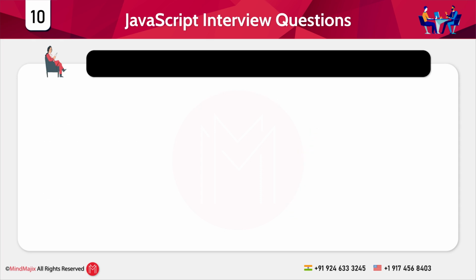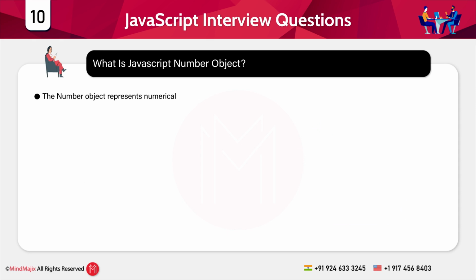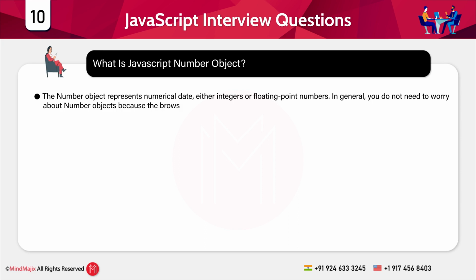Next question, what is the JavaScript Number object? The Number object represents numerical data, either integer values or floating point numbers. Generally, you do not need to worry about the Number object because the browser automatically converts number literals to an instance of the Number class.